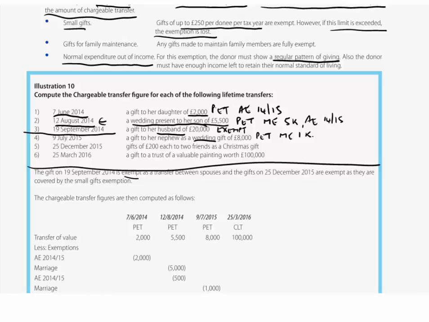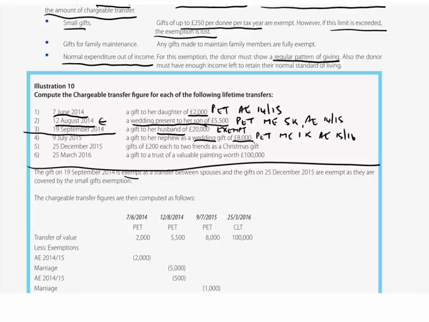Now this is the first transfer in the 15-16 tax year. So far as the 15-16 tax year is concerned, we can now use up all of our annual exemption for 15-16. That's £3,000. Remember, the PET is valued at £8,000, marriage exemption 1, and now the AE for the 15-16 tax year is a further £3,000.